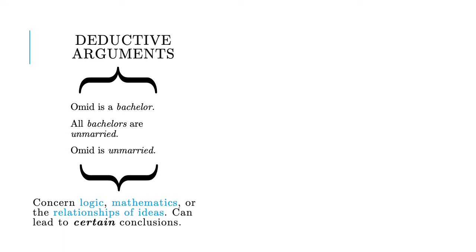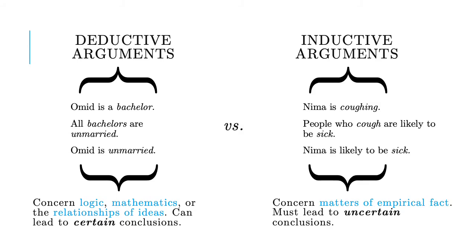Good. So we have laid out and contrasted deductive arguments with inductive ones, and observed that they exhibit key differences. First, their domain of application is that of logic, mathematics, or relationships of ideas in deductive contexts. That is to say, that is what deductive arguments apply to.